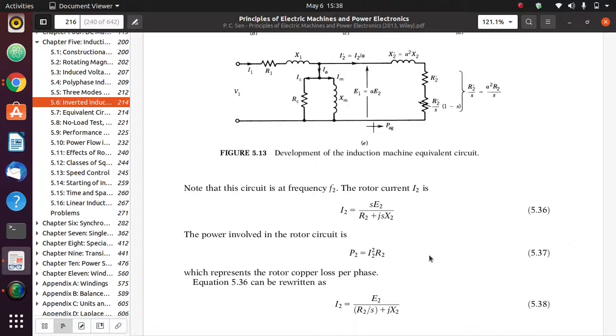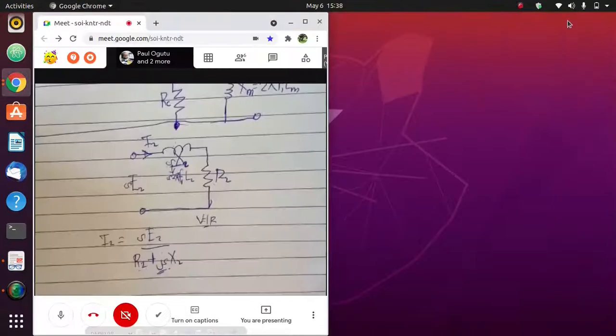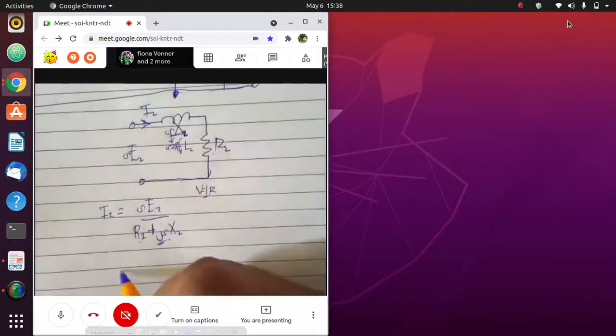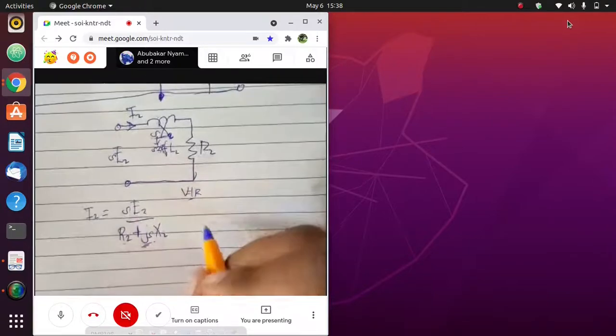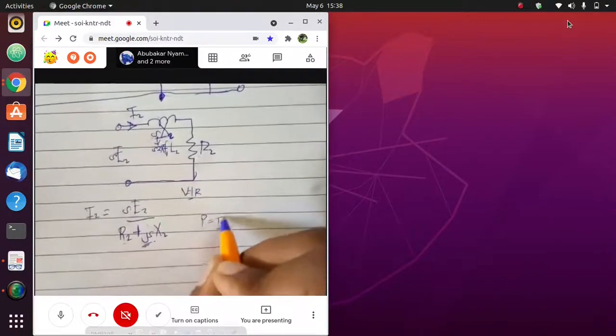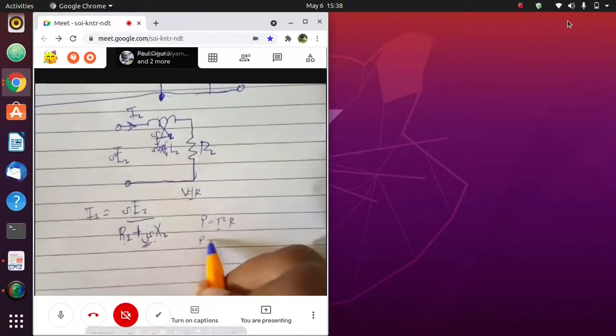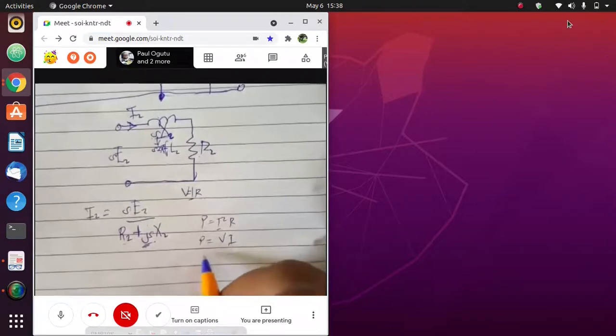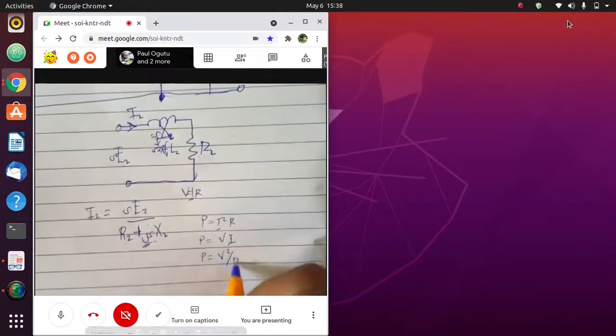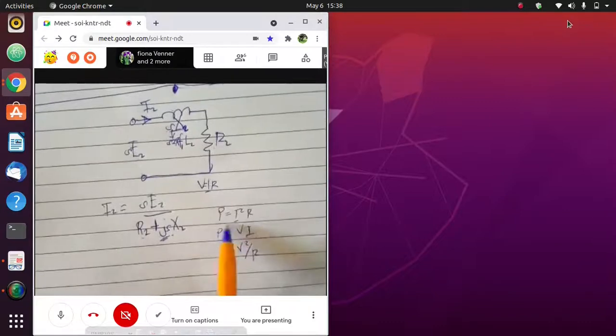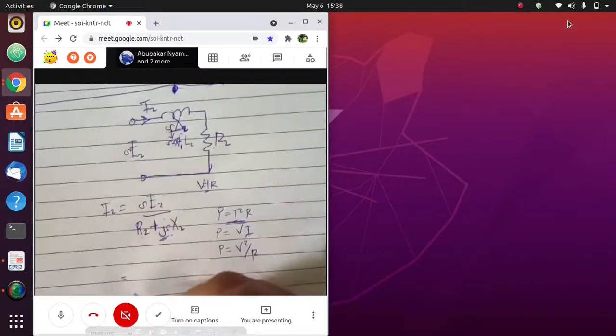Now the power involved in the rotor circuit. How do we determine power in normal instances? Power is given by I squared R. Power is given by VI. Power is given by V squared over R. So the power using the formula I squared R in this circuit will be given by P2.